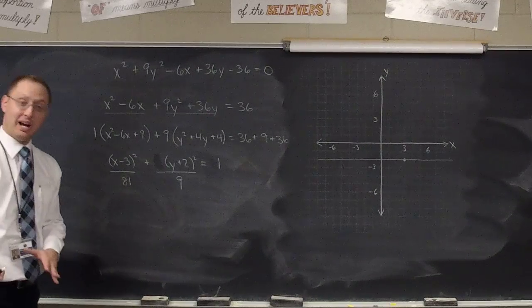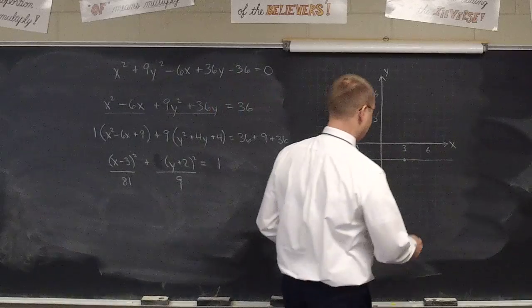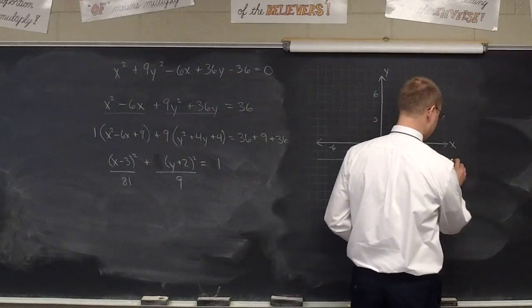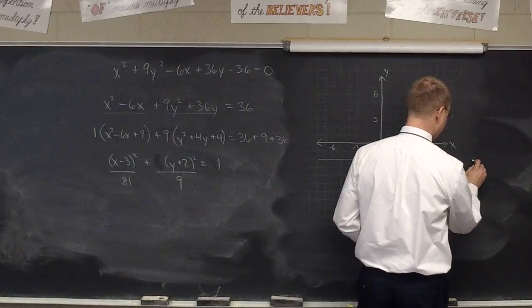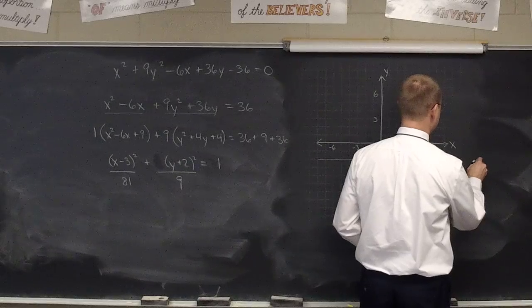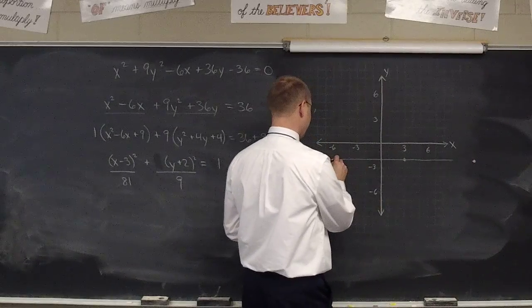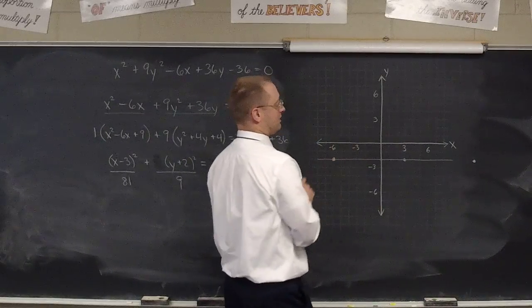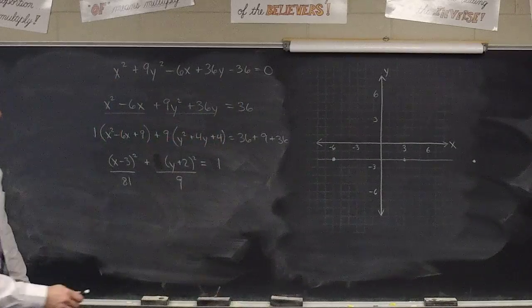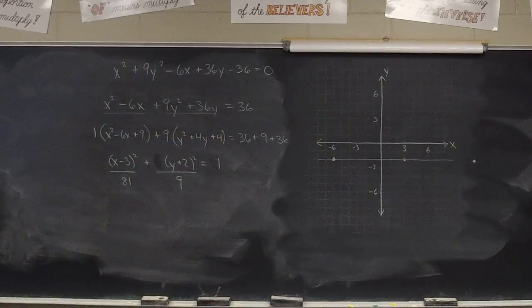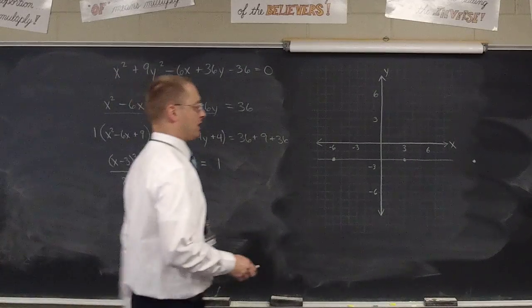Now, not 18 in each direction, just 9, but 3, 6, 7, 8, 9. I'm kind of estimating at this point because I didn't set up my graph grid to give me room to do all of that. A little unfortunate. How about the minor axis? 6. Just 6, 3 in each direction.